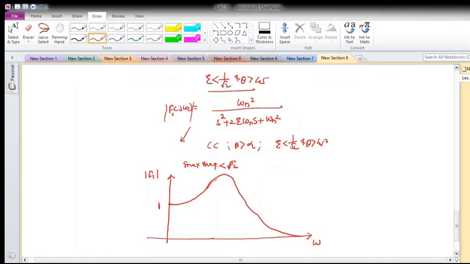Okay, so here I will get one peak. Okay, and suppose assume that this maximum magnitude is less than root 2. Okay, so if it is less than root 2, now let me calculate the half power point frequencies.